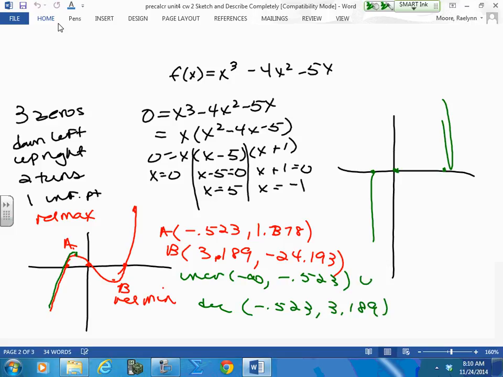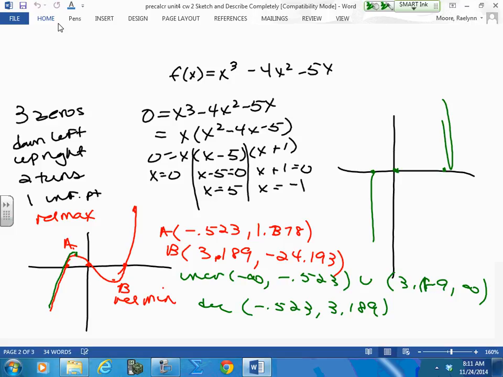And then we're back on an increase from there to infinity. Once you do your increasing and decreasing, you should see your entire domain covered: from negative infinity to this point, then from this point to this point, then from that point to infinity.